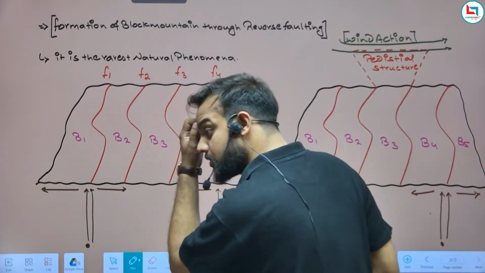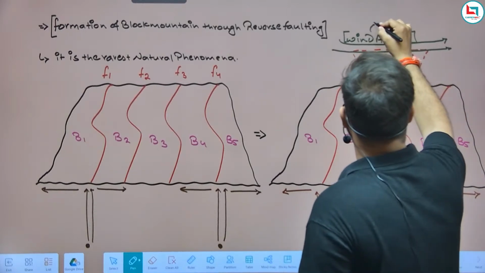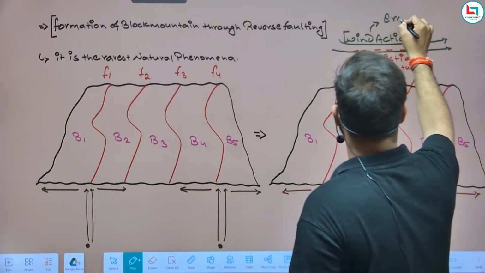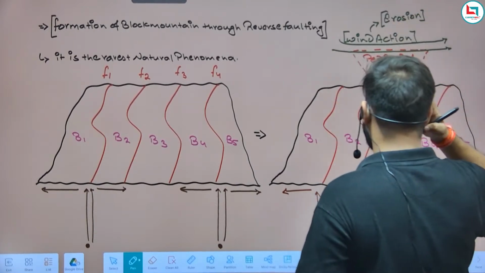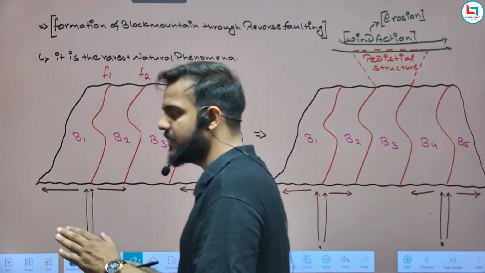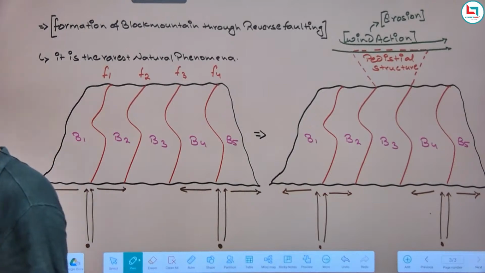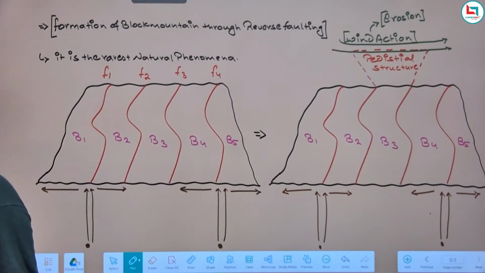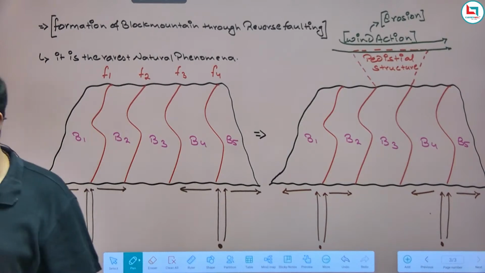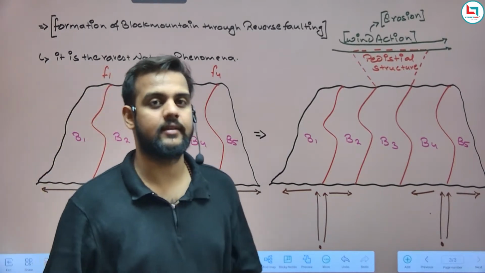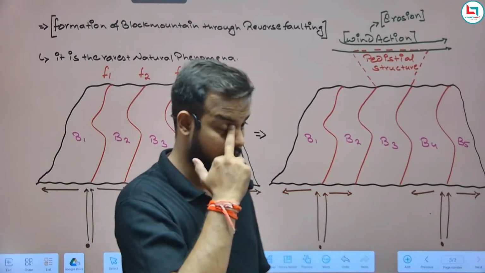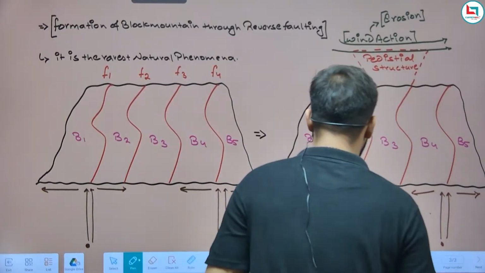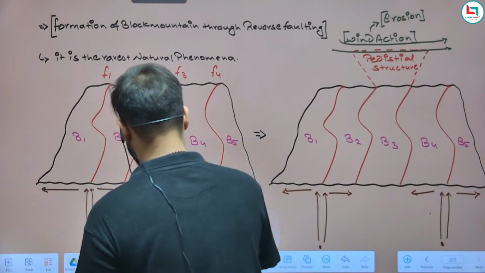When wind action is stronger, then the erosion will be there. And due to the erosion, this pedestal structure will get converted into a dome-like structure, and that particular dome-like structure is known as the block mountain.